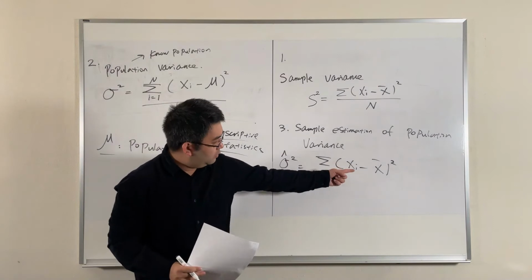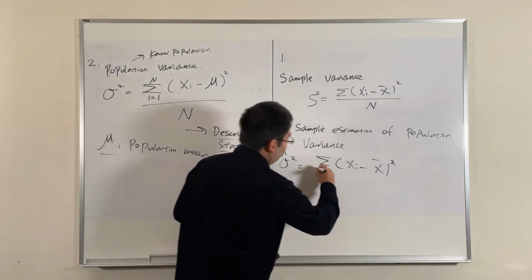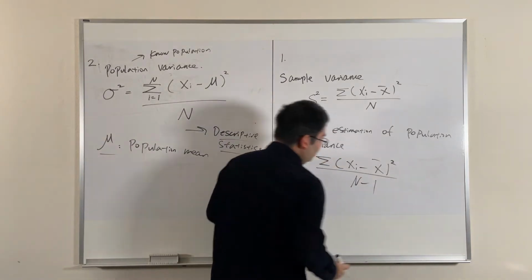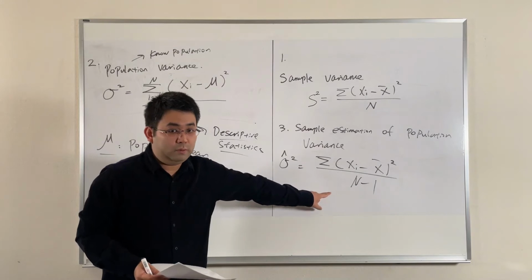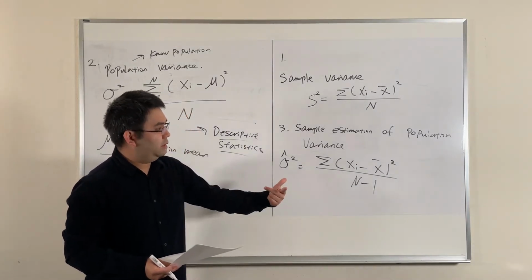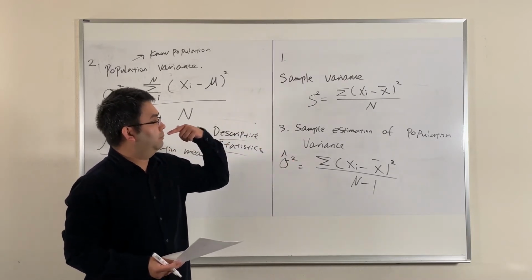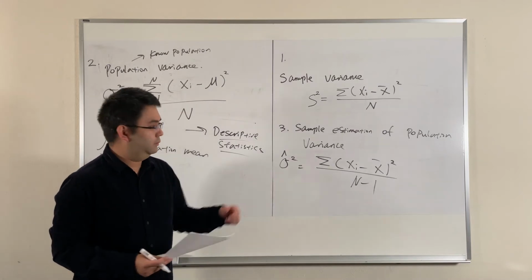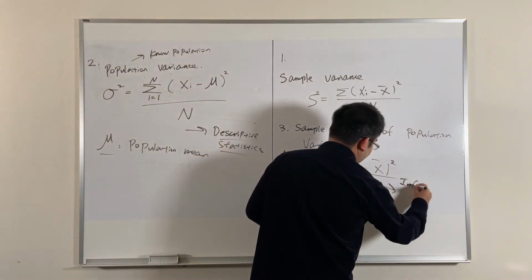So it's the sample's data points subtract the sample mean, and then we're going to divide it by n minus 1, right? Because from here on, we are doing inferential statistics, because we're using the sample sum of squares to estimate the population's variance. So here we're doing inferential.